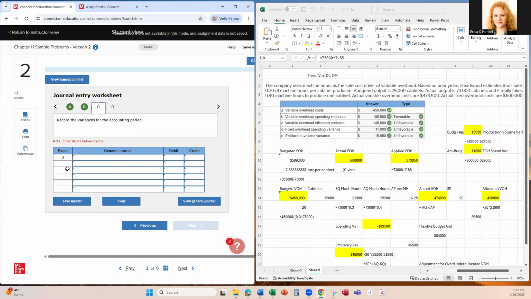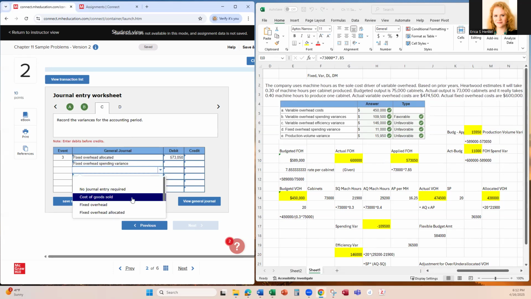For the third entry, just like in our last one, we're going to be zeroing out our fixed overhead allocated account. If you remember, we credited this one, so we're going to debit it to zero it out: fixed overhead allocated, 573,050. Then we're going to have our two variances, a fixed overhead spending variance and a production volume variance.